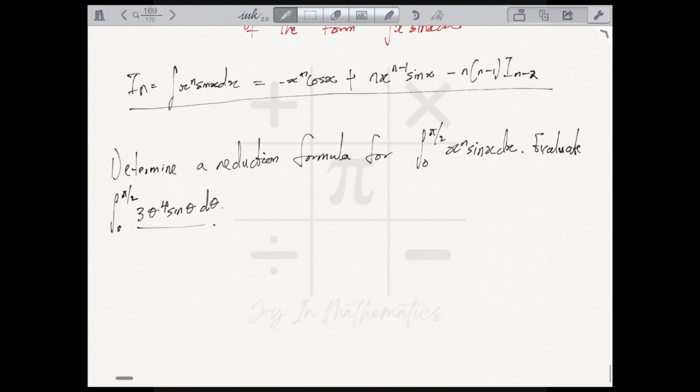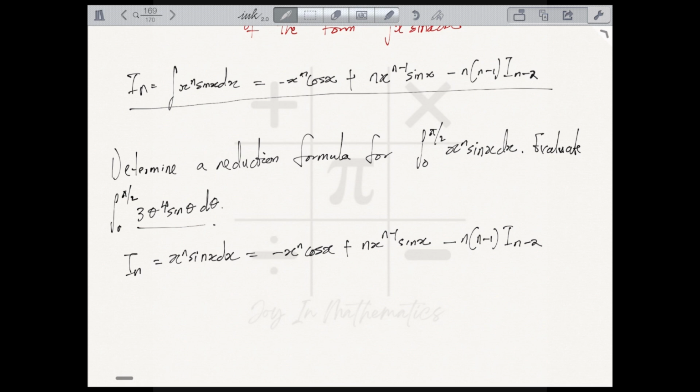So let's begin. We know that In, the integral of x raised to power n sine x dx, is minus x raised to power n cos x plus n x raised to power n minus 1 sine x minus n into n minus 1 of I n minus 2.